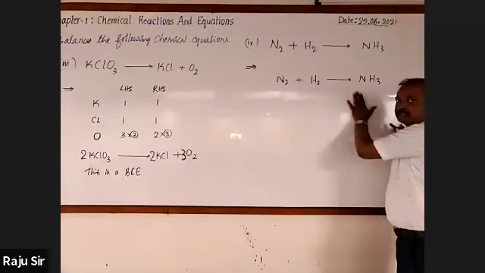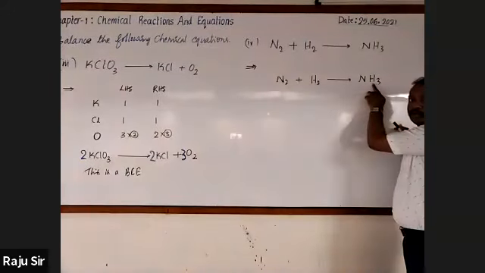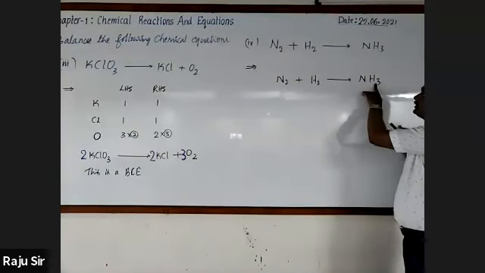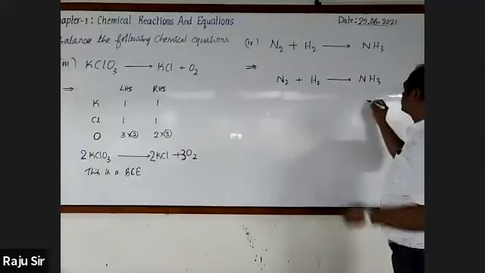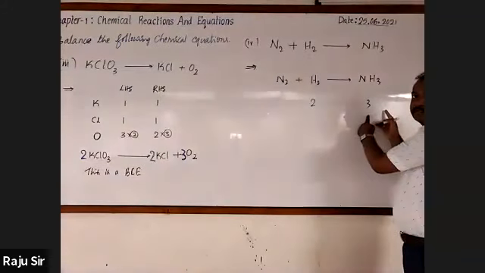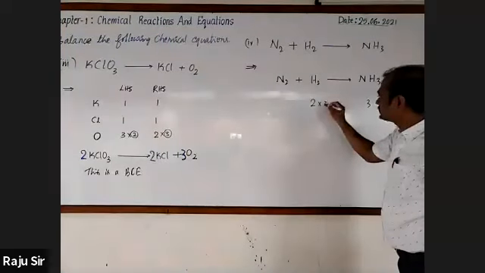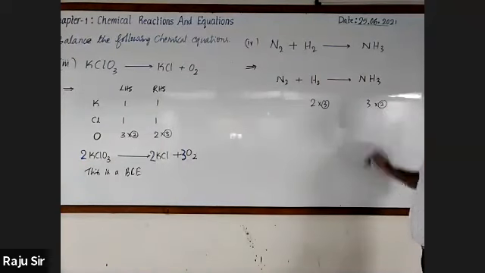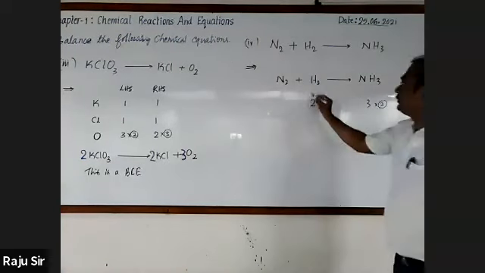Just by observing this, you can come to know that the hydrogen element has the maximum number of atoms. Here 3 hydrogen atoms on the left hand side, 2 on the right. It should be balanced. So for balancing, it is to be multiplied by 3 and 3 should be multiplied by 2. Okay, here I am writing.